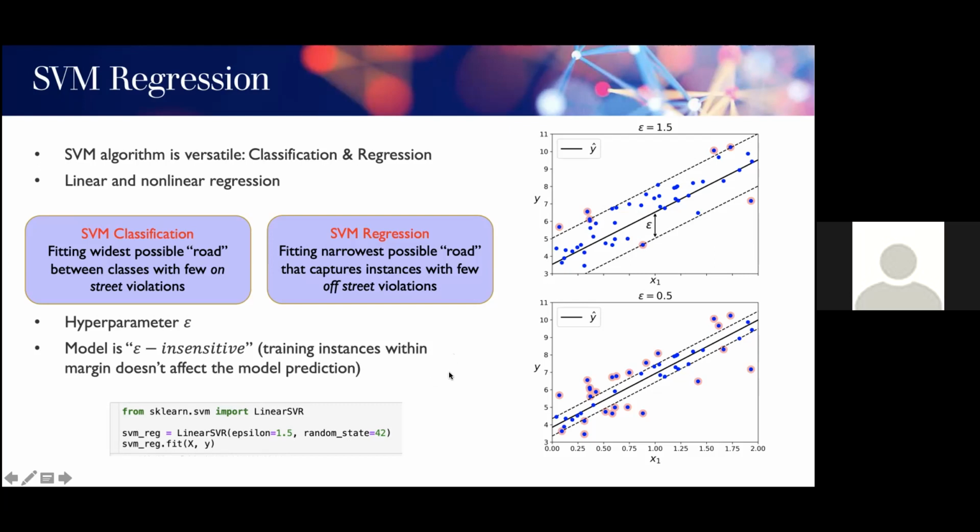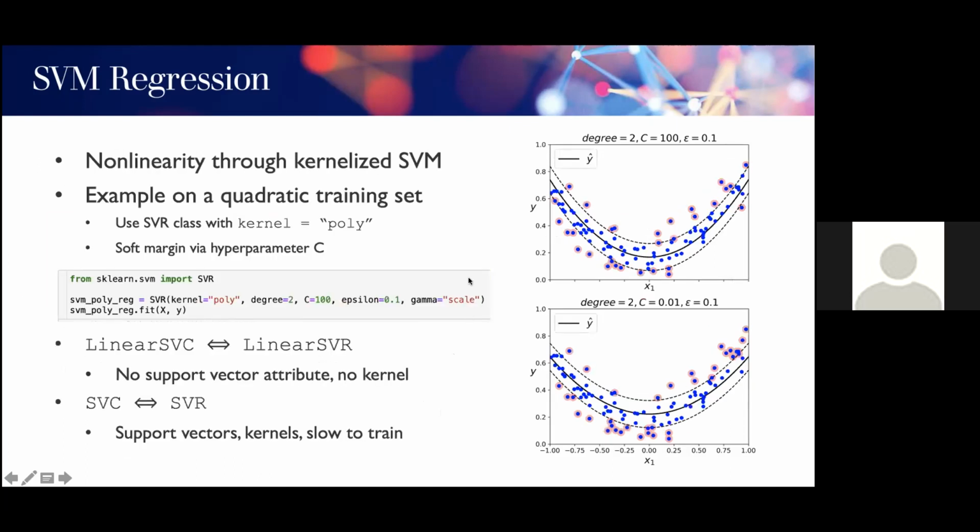The implementation of SVM regression uses the LinearSVR estimator as shown here. This is the one where epsilon is equal to 1.5. So that's the linear SVM regression.